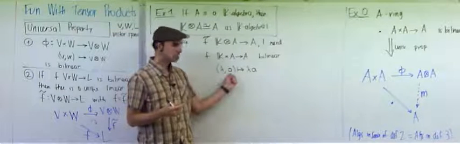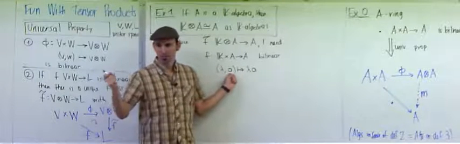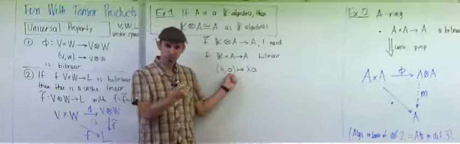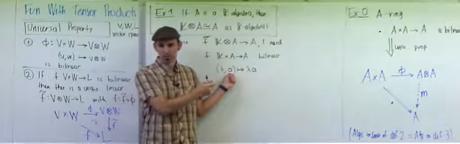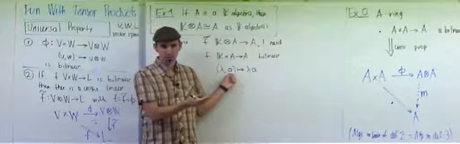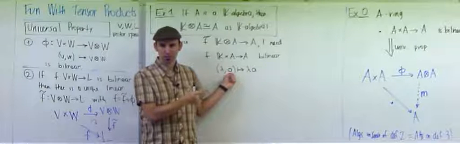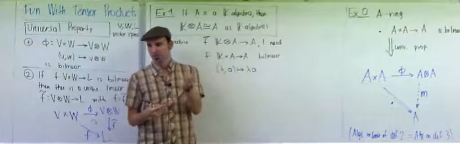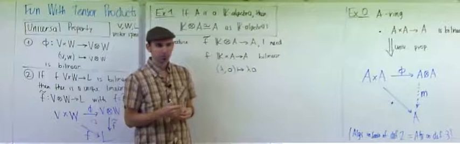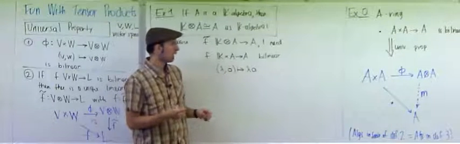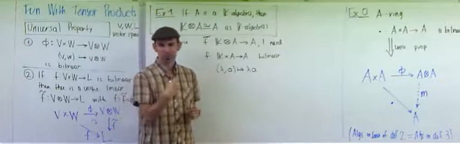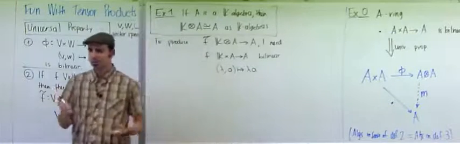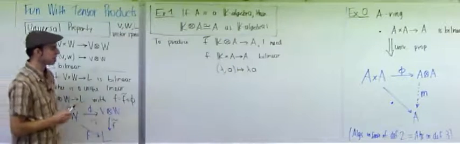If you fix A, I'm saying that (lambda plus mu) times A equals lambda A plus mu A. For free also, but for a different reason. In one case, we're talking about linearity inside the algebra, and in the other case, linearity with the scalars. But they're both true. This is a bilinear map. You just check it, and everything is trivial.